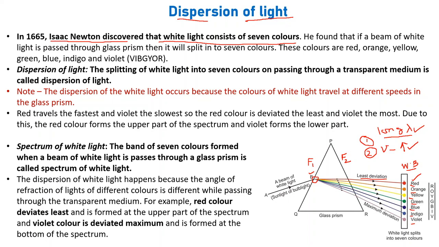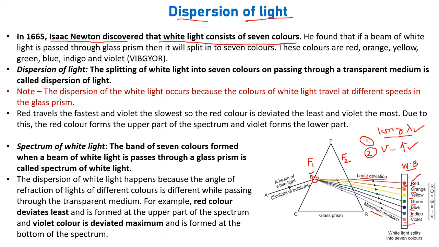At this point there is a refraction, and due to the refraction, which depends upon the wavelength and the velocity of the different colors of light, we can see there is a deviation, right?